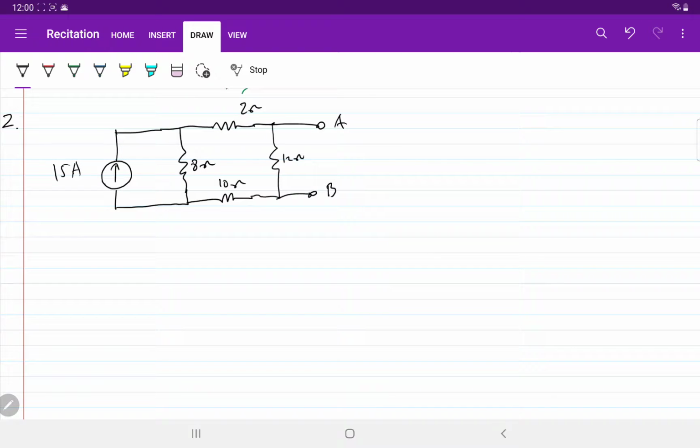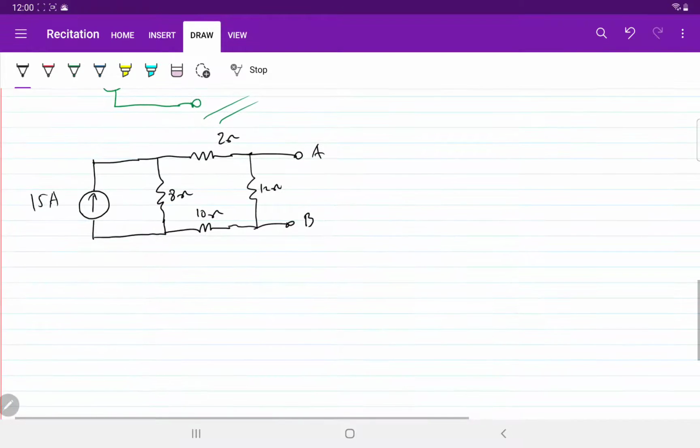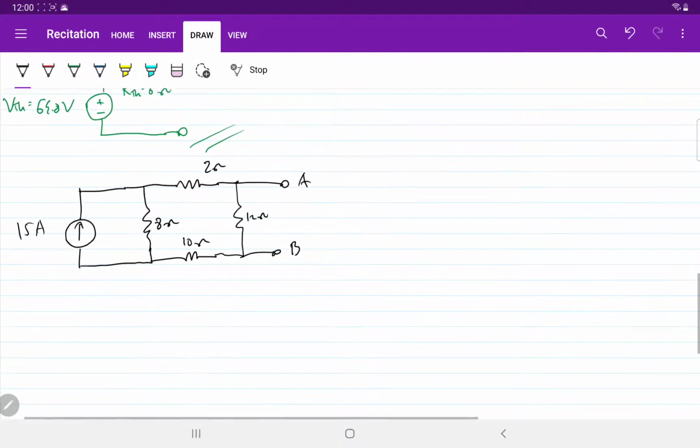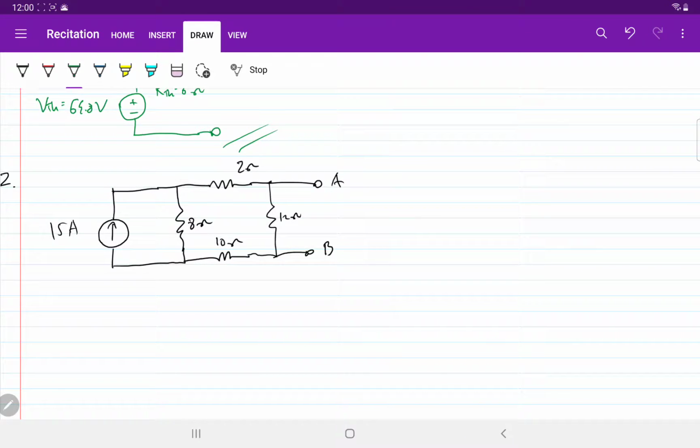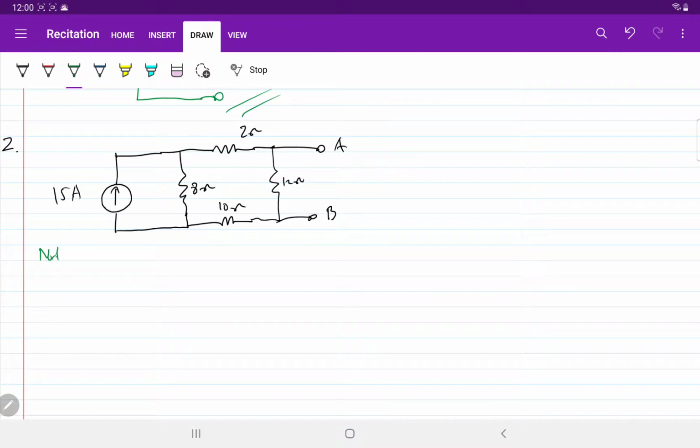So let's compute the Norton resistance. Let's do it quickly. This 15 amp current source becomes an open circuit, so we just have this circuit.